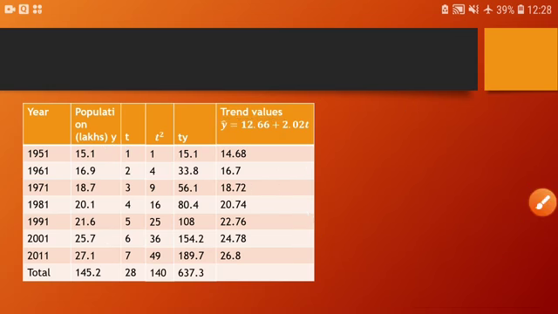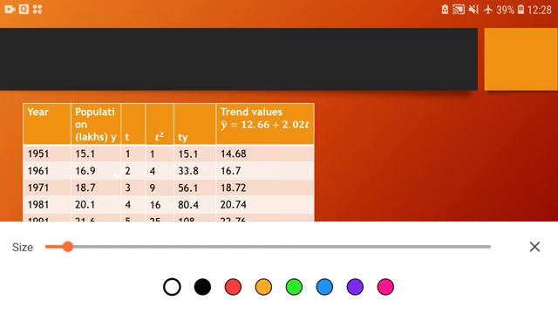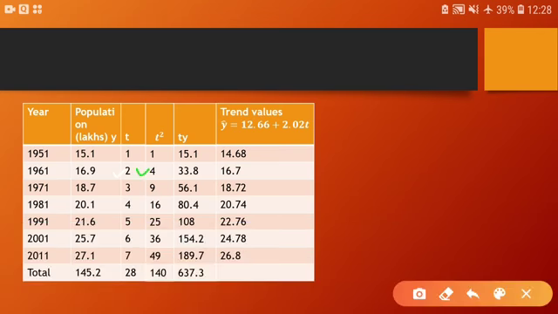Yes, the same way you need to find for t is equal to 2. So y cap is equal to 12.66 plus 2.02 into t.